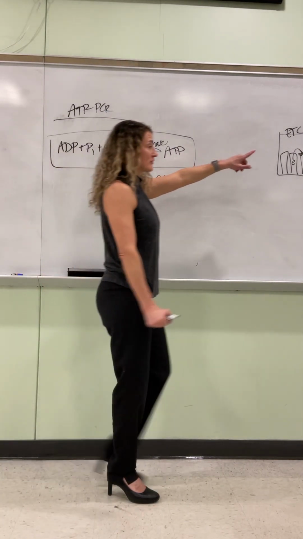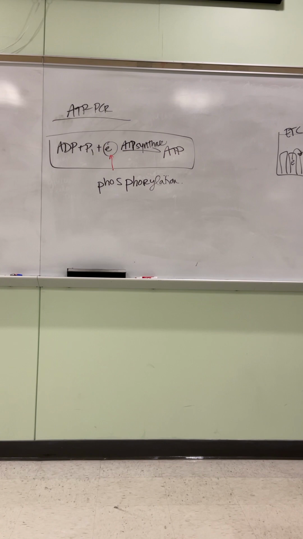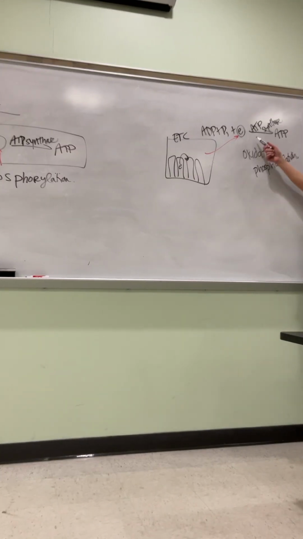Okay, so this is also phosphorylation, but because the energy is derived from an oxidative process or an aerobic process, we call it oxidative phosphorylation. So phosphorylation is specifically referring to the anaerobic creation of ATP. Oxidative phosphorylation is specifically referring to the oxidative production of ATP, or the aerobic production.